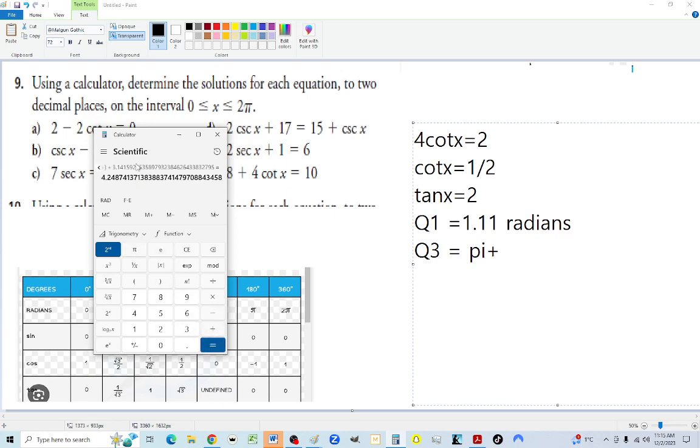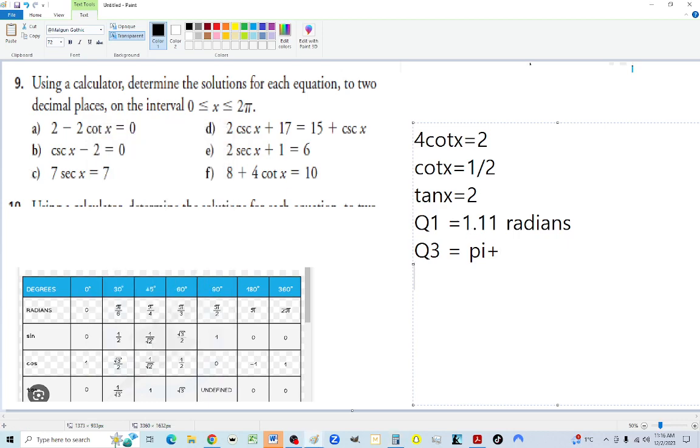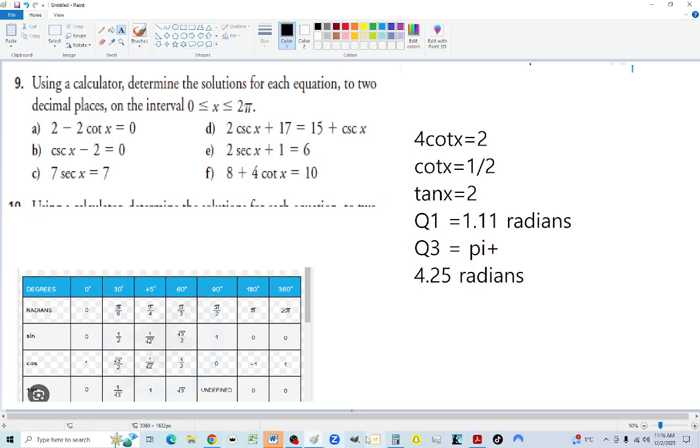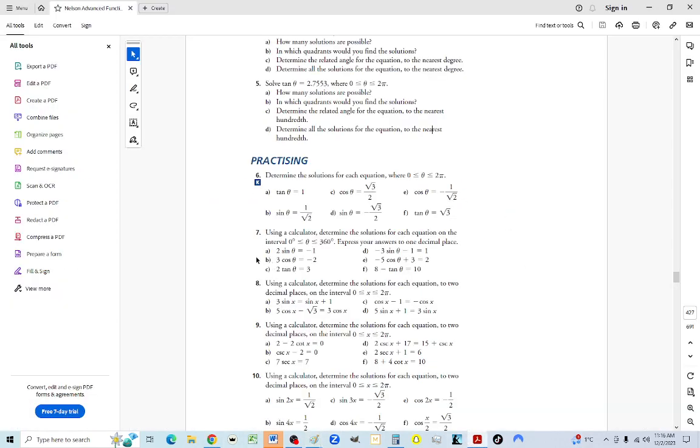Since they want decimals, I'm not going to convert it to pi. So that's this. These are radians without pi. Radians can exist in decimals. It's essentially, the pi gets multiplied as 3.14. That's the same one we just did.